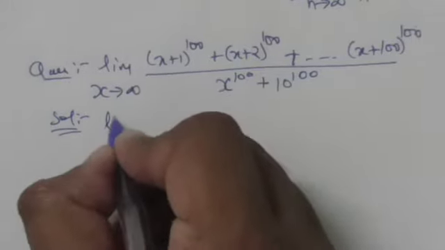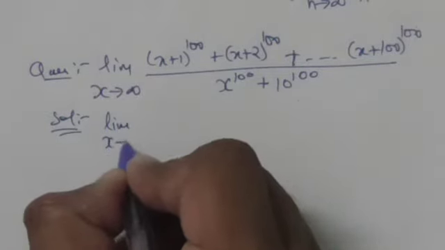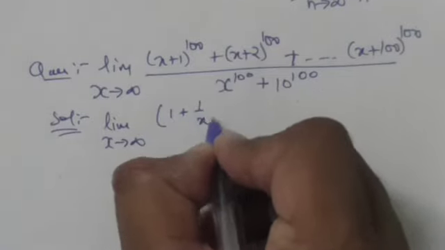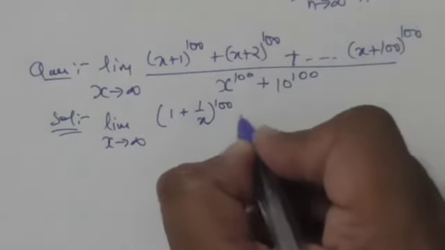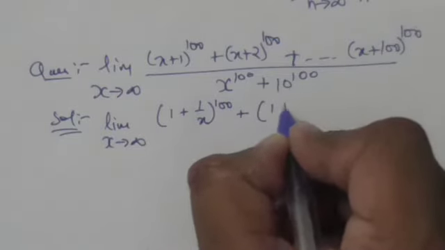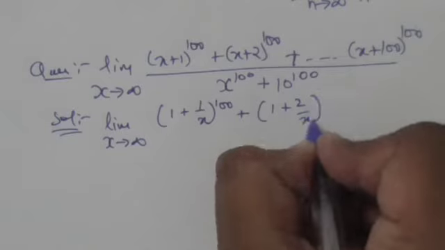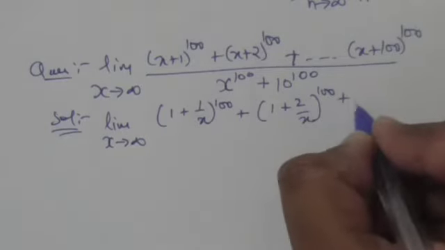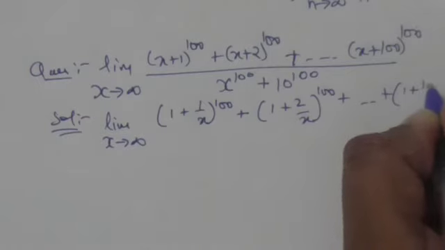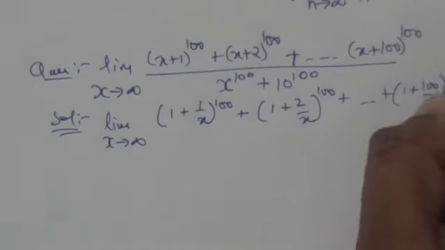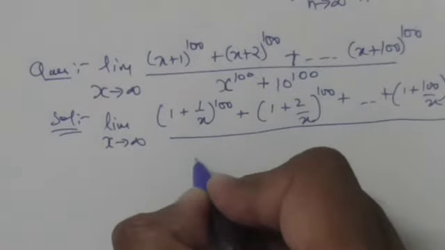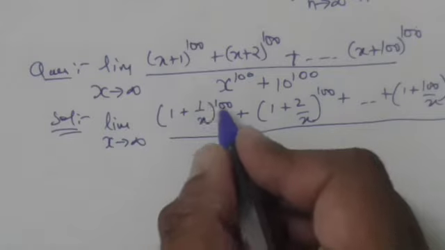So it will be equal to limit x tends to infinity 1 plus 1 upon x raised to power 100, 1 plus 2 upon x raised to power 100 plus so on 1 plus 100 upon x raised to power 100, upon the denominator.